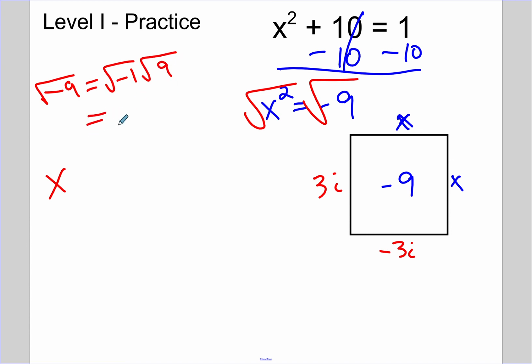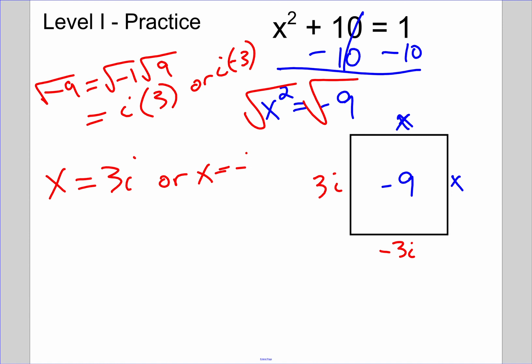And that's just equal to i times 3 or i times negative 3. So we end up with, same thing, x equals 3i or x equals negative 3i.